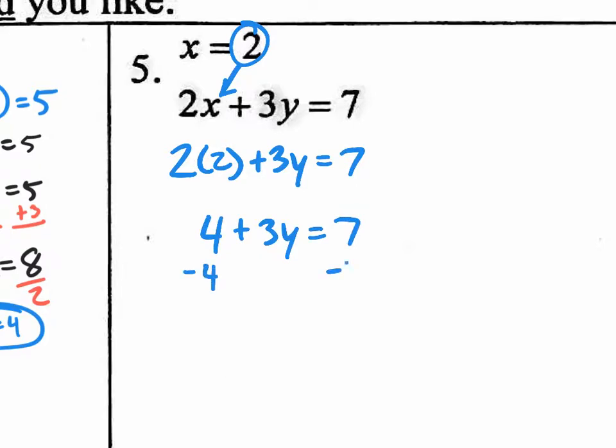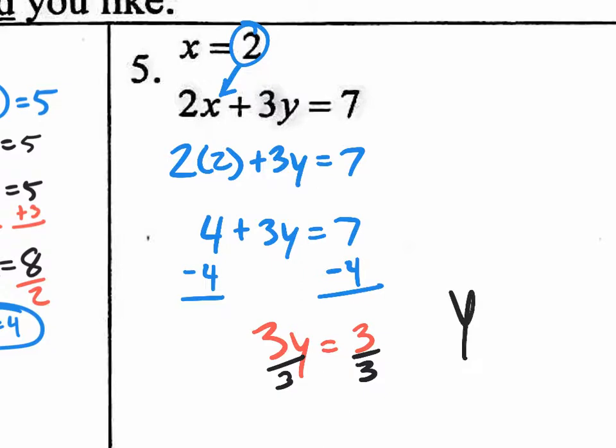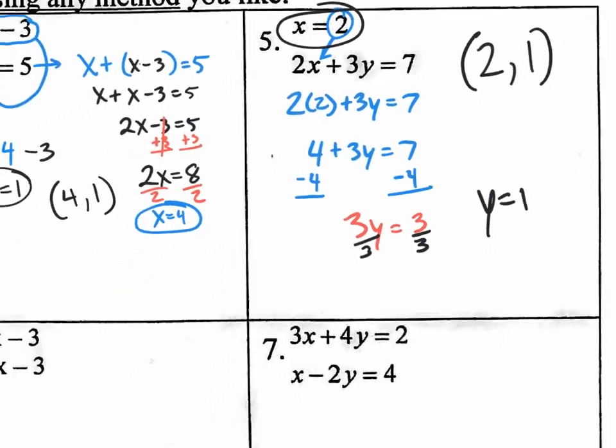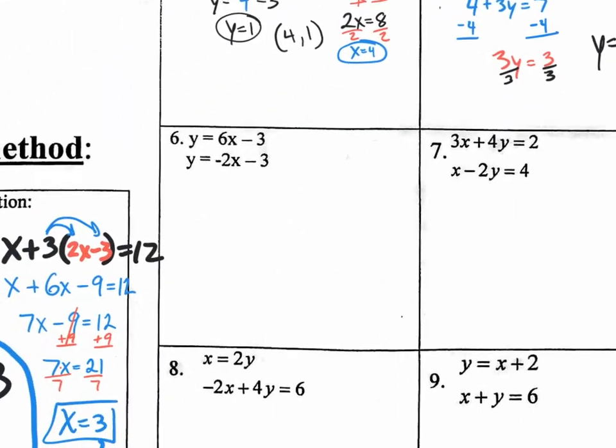Subtract 4, subtract 4. You will have 3y equals 3. Final step would be divide by 3, divide by 3. Y equals 1. So we have the x value of 2. That was given to us up here. We have the y value of 1. That is your answer to that system. If you were to graph both of those equations, they'd cross at 2, 1.